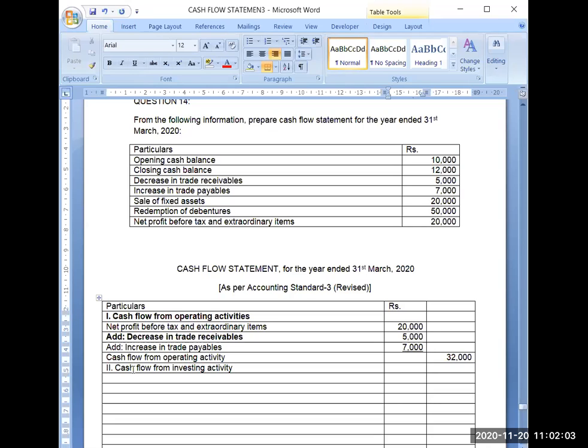We need to see regarding fixed assets. Regarding fixed assets, only one point is given here: proceeds from sale of fixed assets.